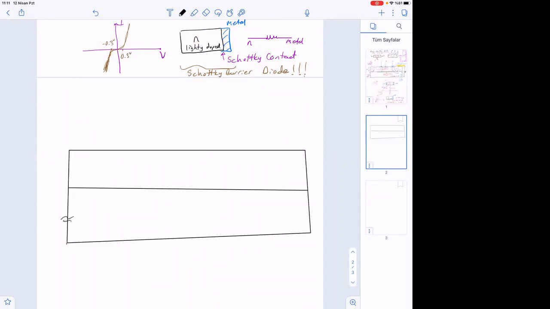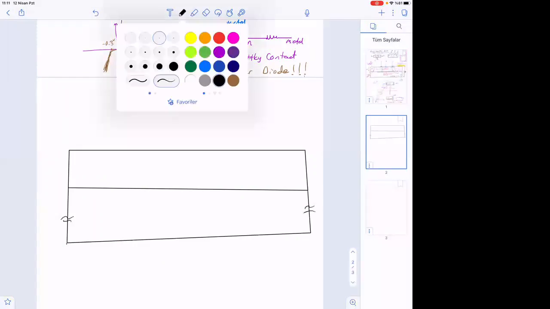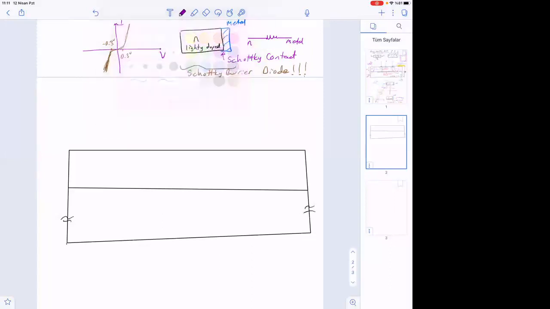Okay, so here is a P++ region, and then we contact here 0 volts, and then this is to separate the next transistor.